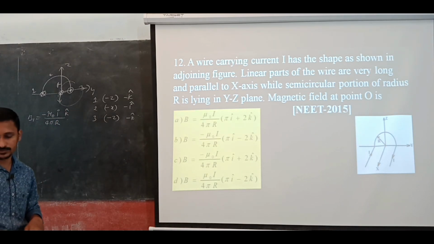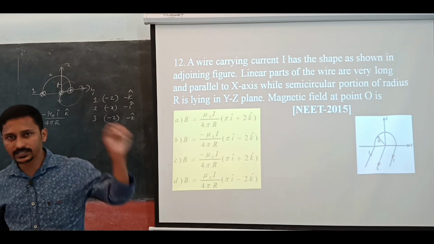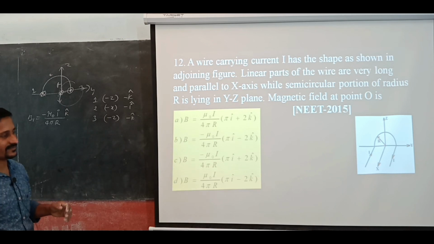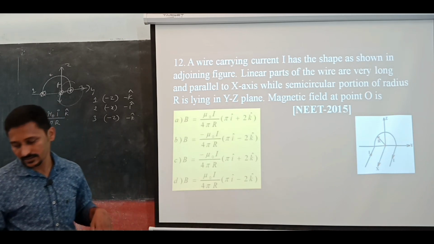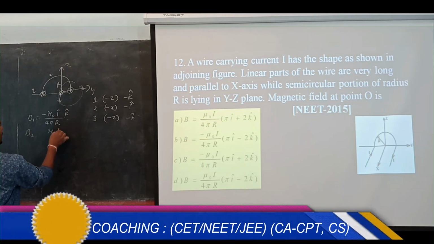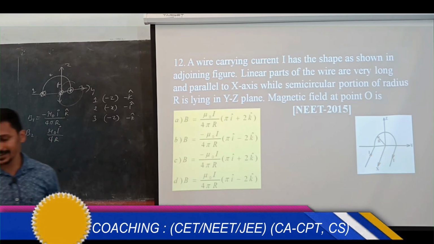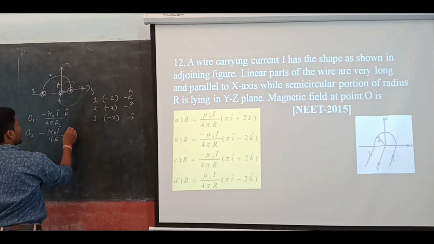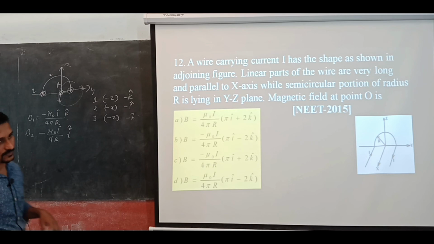Because of 2, that is nothing but a half circular loop, full circular we have just now studied, half of that, isn't it? So because of 2 we are going to get mu naught I divided by 4r, along minus i axis, that is the x axis.